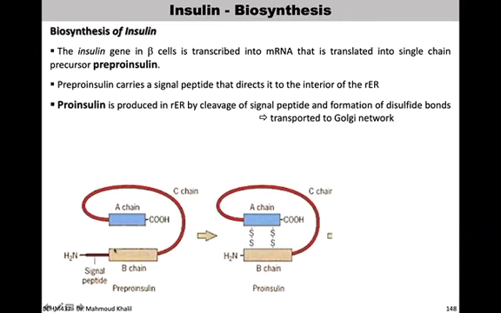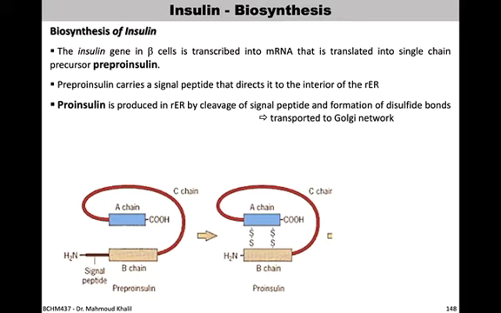This pre-proinsulin is modified by cleavage into proinsulin, in which the signal peptide, as you can see from the figure, has been cleaved. And this proinsulin is produced inside the rough endoplasmic reticulum. It's obvious, because the signal peptide, which was already present in the precursor hormone, has done its job in recruiting this pre-proinsulin into the rough endoplasmic reticulum.